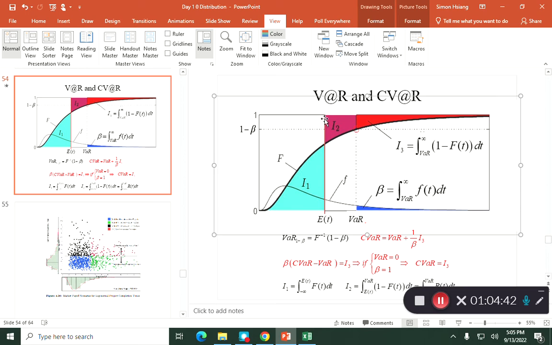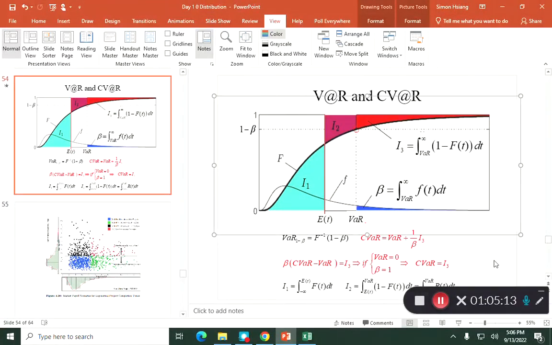The second region is from, I'm sorry, from the expected value to the red VaR region. This is called the I2 value. And the third is from 0 to the expected value. This is called the I1 value. Okay?